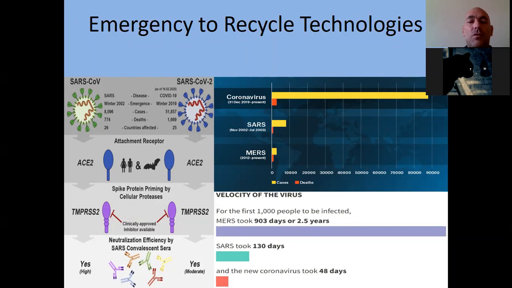Now, if you go a little bit below, you can see that MERS took about 900 days, or 2.5 years, to infect 1,000 people. This coronavirus took about 48 days. So, extremely rapid infection.